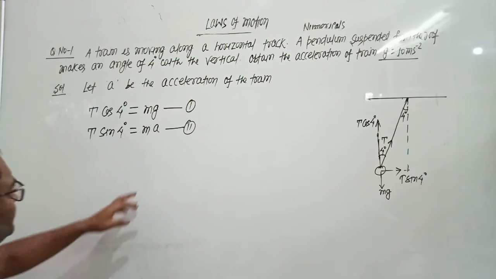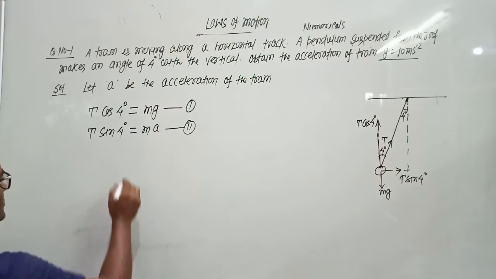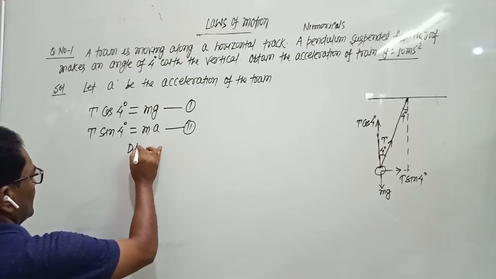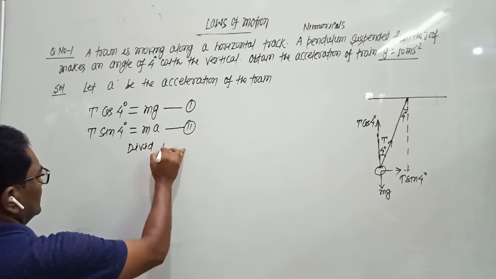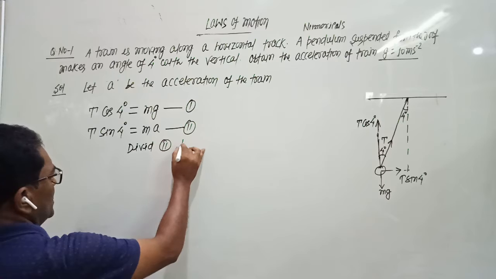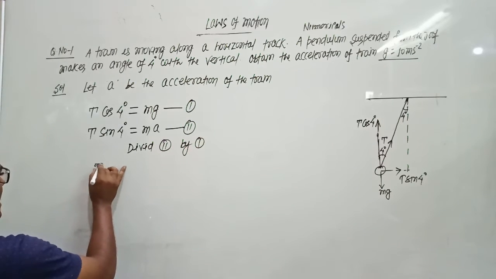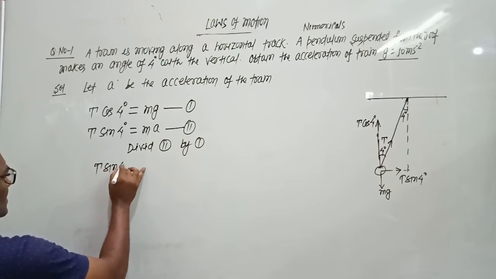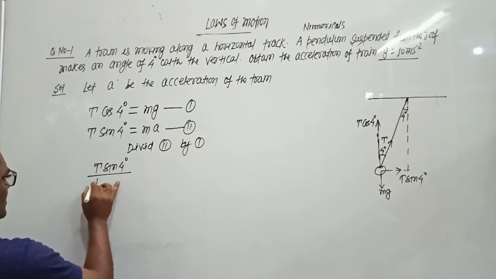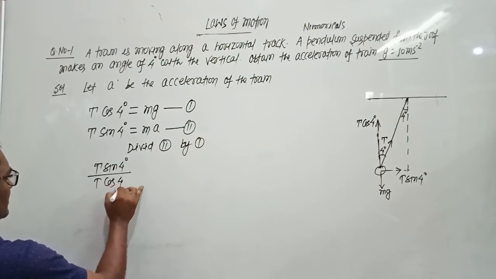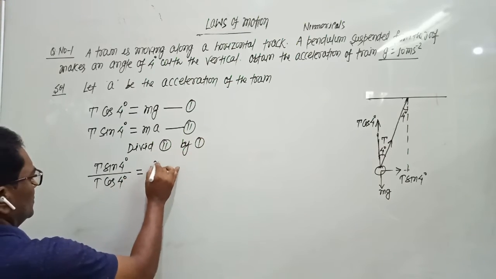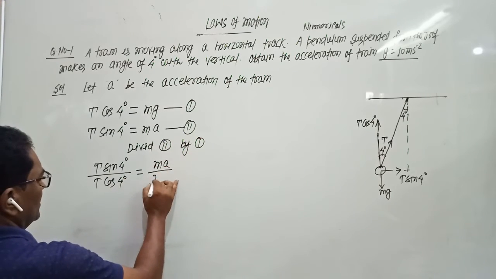Now divide equation 2 by equation 1. So we get T sin 4 degrees upon T cos 4 degrees equals MA upon MG.